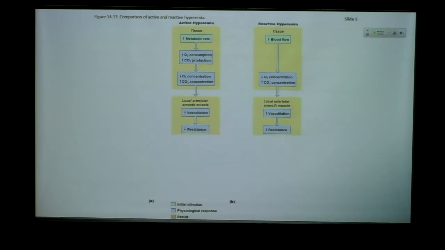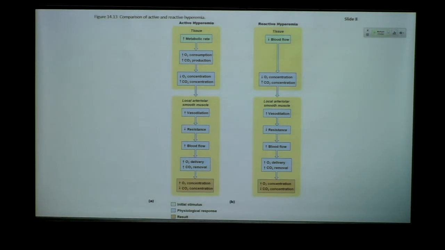Increasing the radius. So we're decreasing the resistance, we're increasing the radius, okay? And that will bring about more blood coming into the area, which will correct that original dysfunction, increase oxygen delivery, increase carbon dioxide removal, and then we get back to steady state.